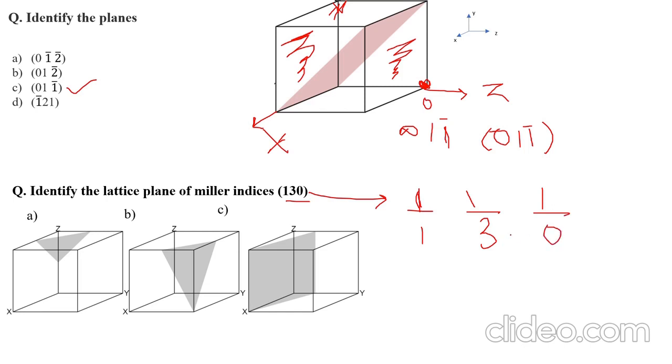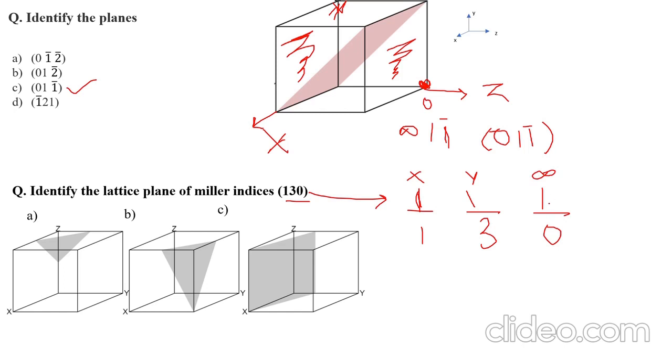infinity. So can you tell which among the three is the right plane? That means we have an intercept on the x-axis which is 1, an intercept on the y-axis which is 1 by 3, and an intercept on the z-axis which is infinity, that is, parallel. So the first thing is it is parallel to the z-axis.